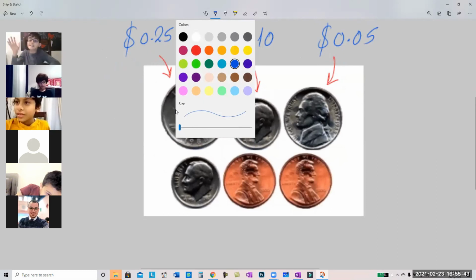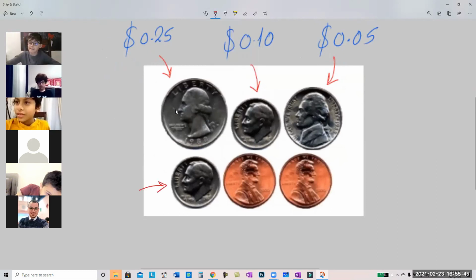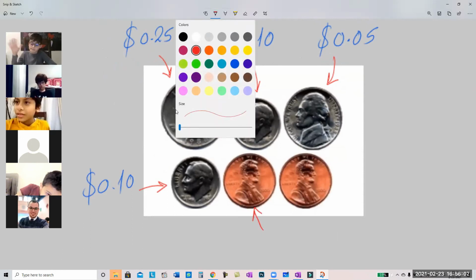What about the last one here? This one is also like this one. It will be a dime. It will be 10 cents. So it will be $0.10. And here, this one is a penny. So it's just 1 cent.